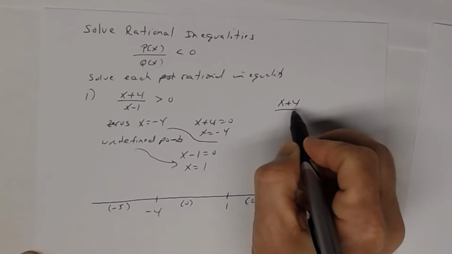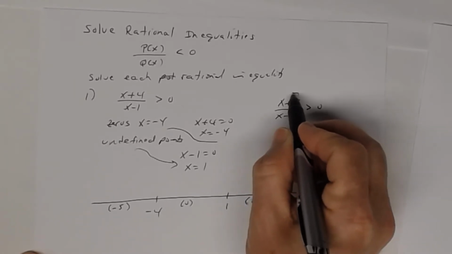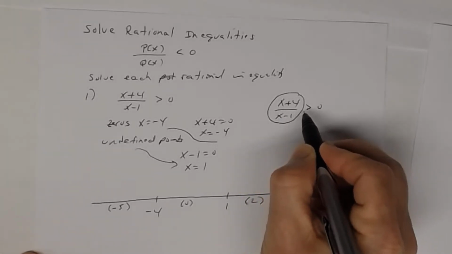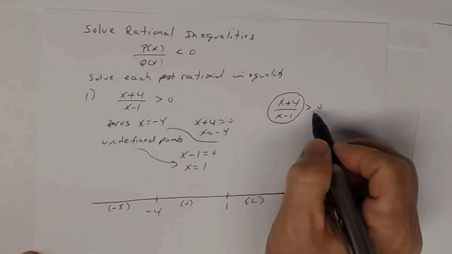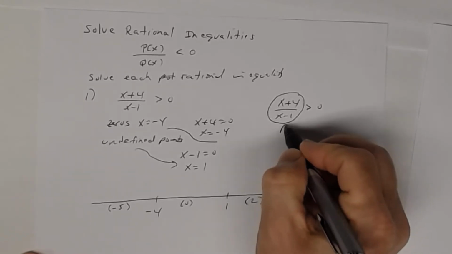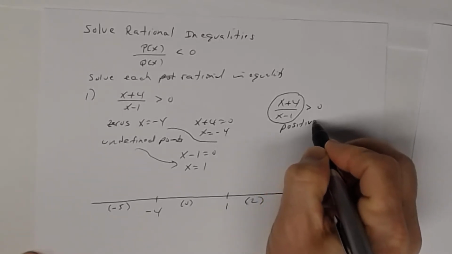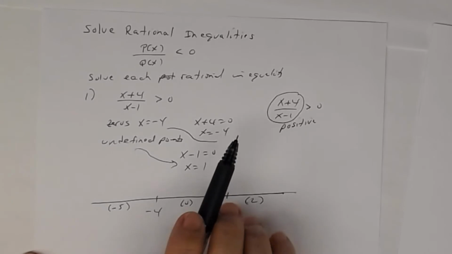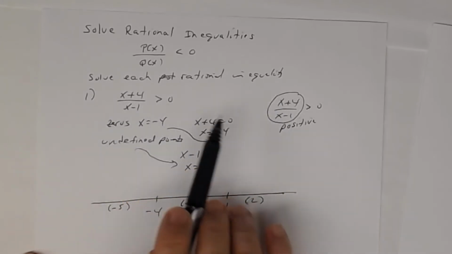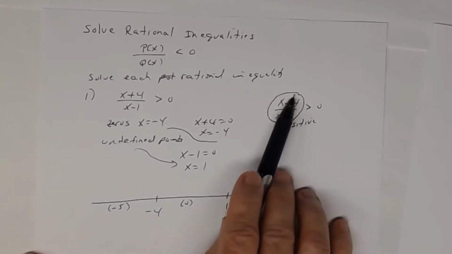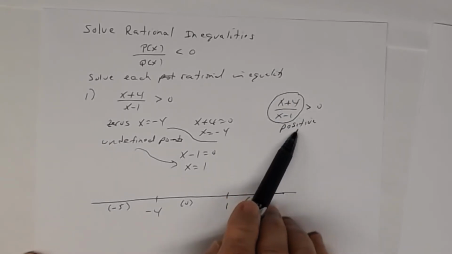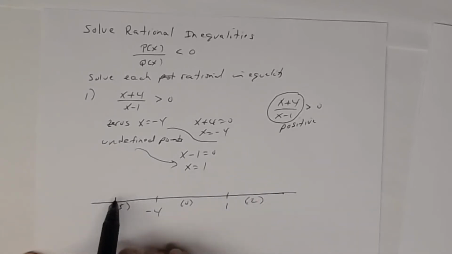Remember, a number that's greater than 0, like 1, 2, 2.7, 3, are positive numbers. So you want this to be a positive number. My solutions to this inequality will be any value of x that makes this rational expression positive. So I'm looking for positive intervals here.